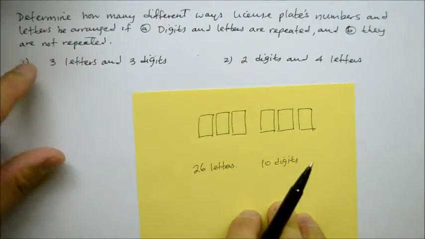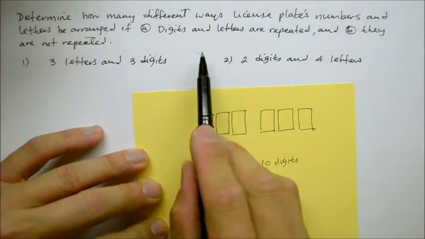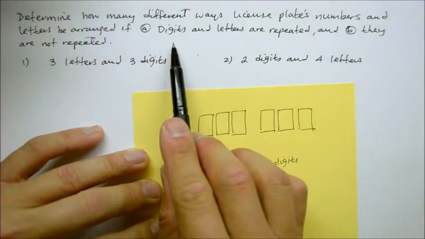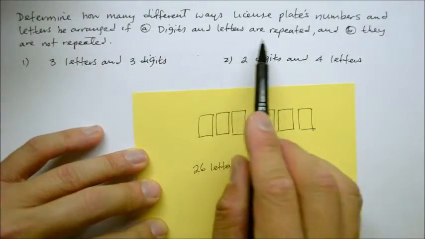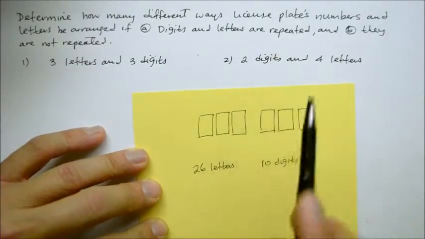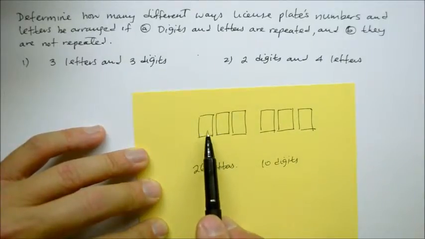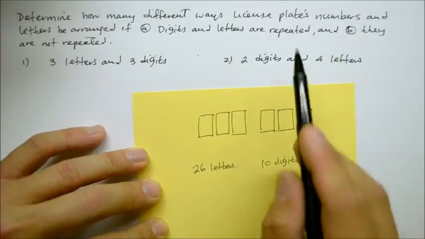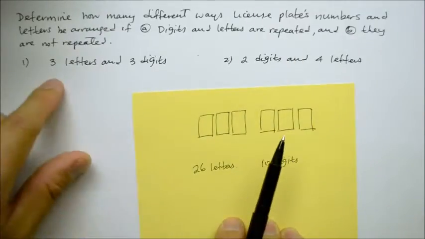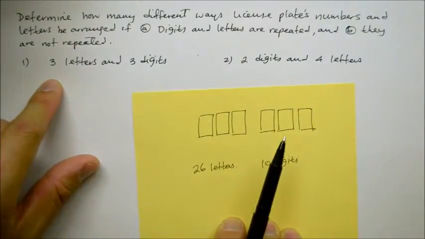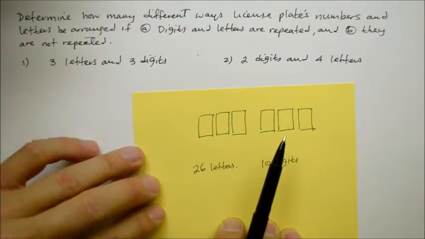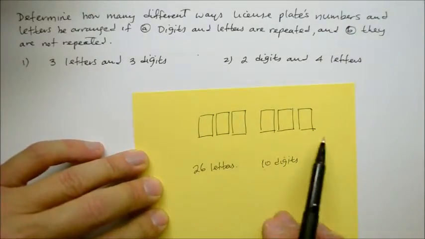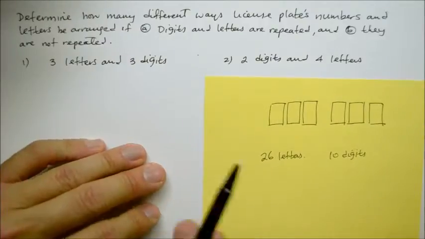Now, part A. If these digits and letters can be repeated, I mean used over again, it could say like C, C, C, and 777. If it can be repeated, how many possible ways are there to arrange a license plate that would have 3 letters and 3 digits? Let's think about this one.